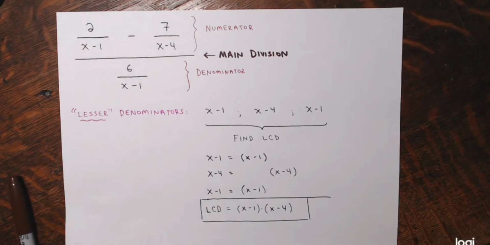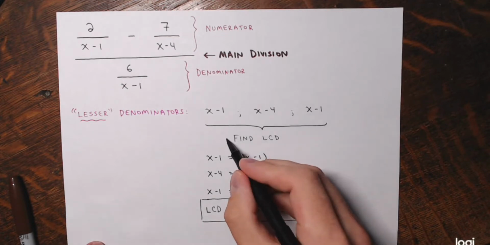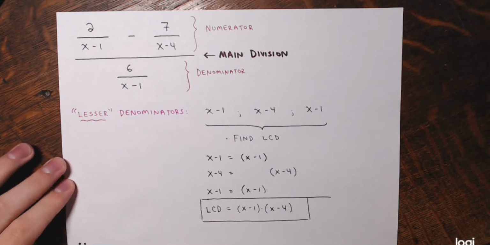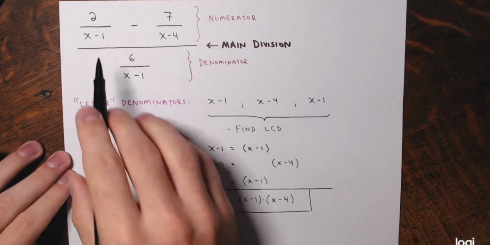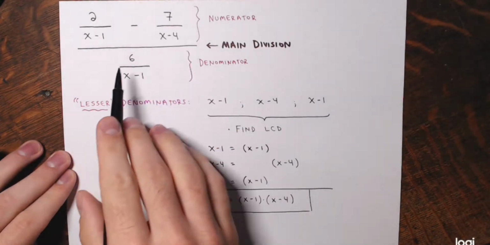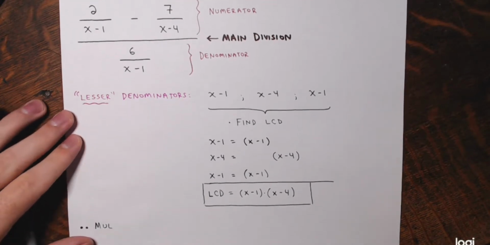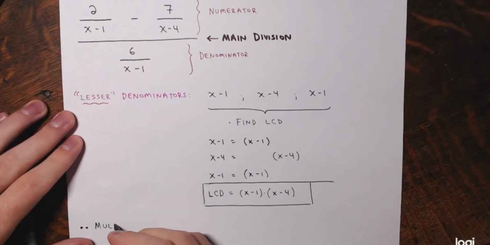Alright, so first you find the LCD, then you're going to multiply the numerator of the complex fraction and the denominator of the complex fraction by this LCD. Because remember, if you multiply the numerator of a fraction by an expression, you must also multiply the denominator by that same expression.